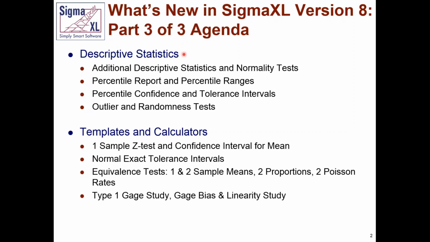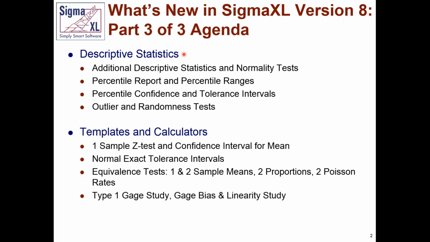Specifically, we have additional descriptive statistics, additional normality tests, the percentile report, percentile ranges, percentile confidence intervals, and percentile tolerance intervals. Also, outlier and randomness tests.